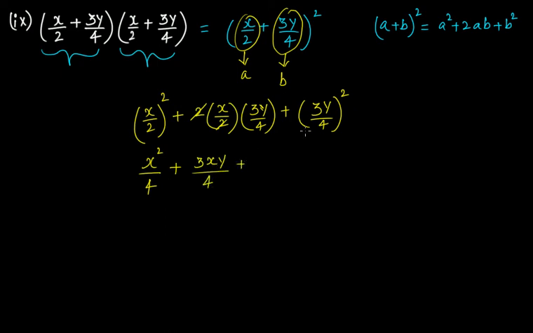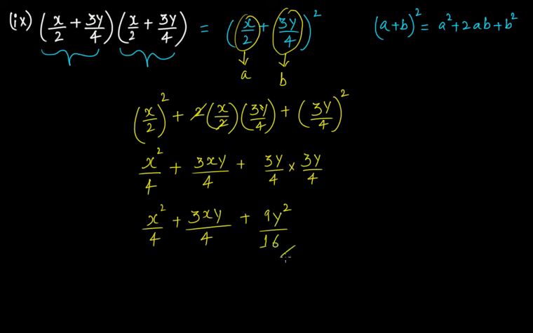Then plus 3y by 4 multiplied by 3y by 4. So multiply the numerators together. This is x squared by 4 plus 3xy by 4 plus, multiplying the numerators together, 9y squared divided by 16. This is your answer.